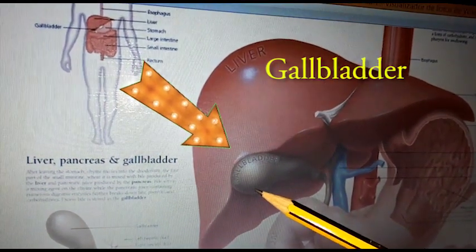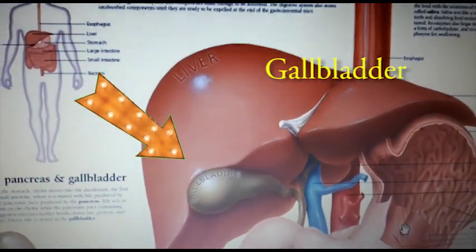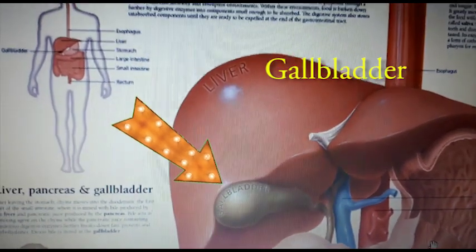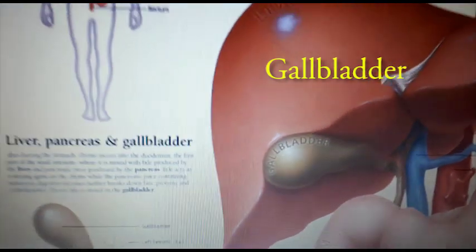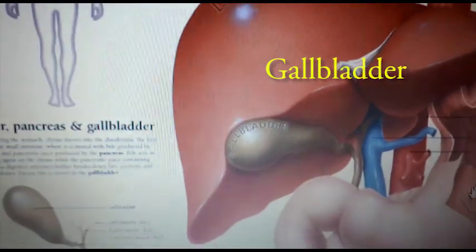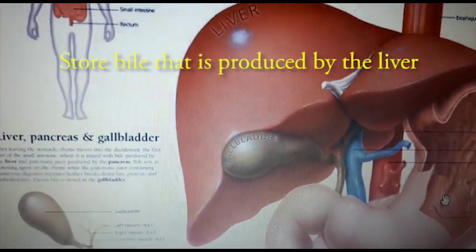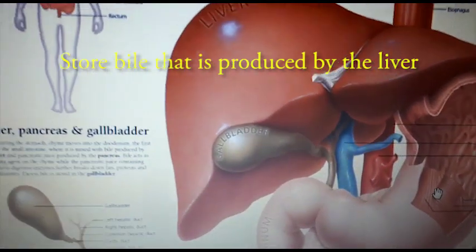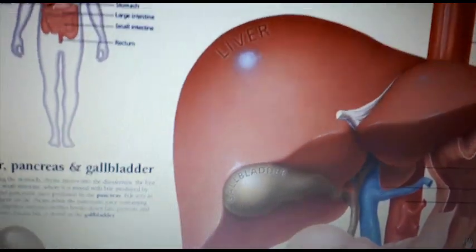Then this is the gallbladder, which is a small hollow organ where bile is stored and concentrated before it is released into the small intestine. That is the gallbladder, which is next to the liver, and its function is to store the bile that is produced by the liver.